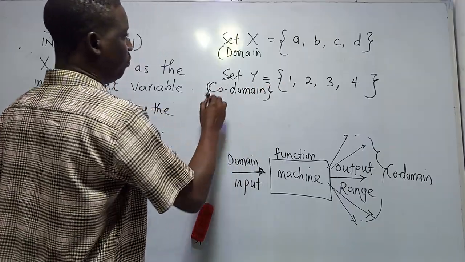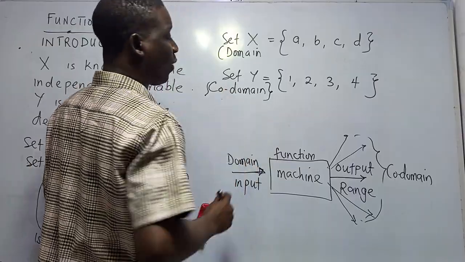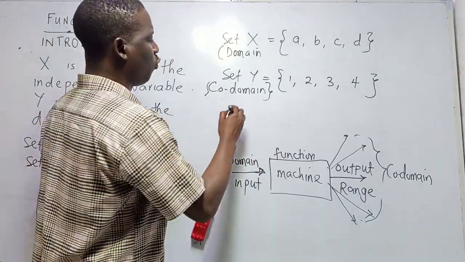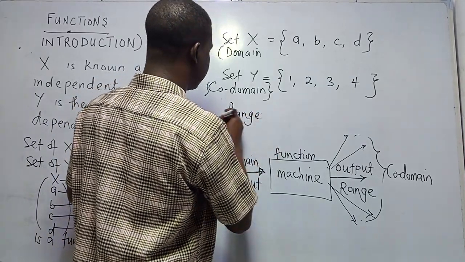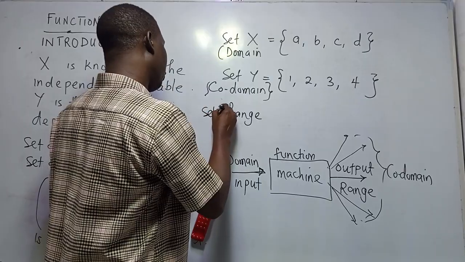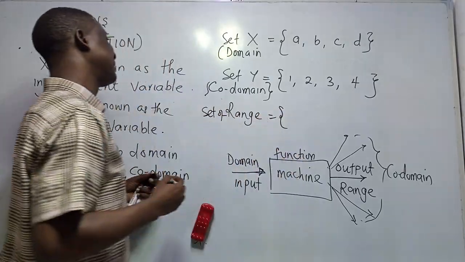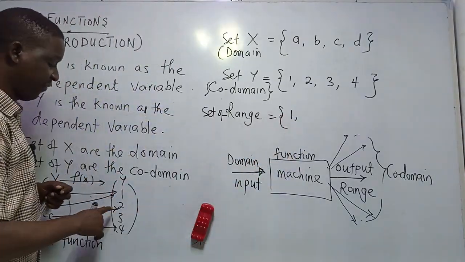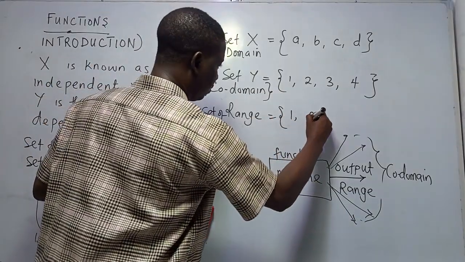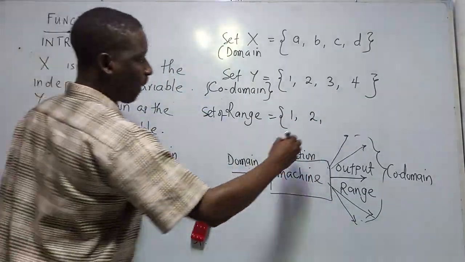This is the codomain. So set Y is a codomain. Now what about the range? How do we allocate the set of the range? What are the elements that belong to the range? Number 1, the 1 itself. Then 2 and 4.